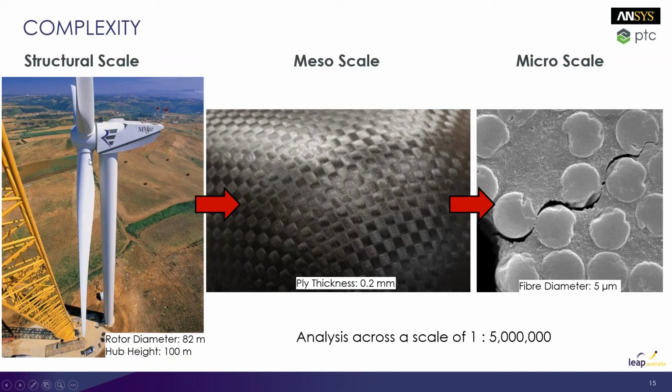We can create an entire aircraft or an entire boat, or in this case, a wind turbine out of composite materials. We're talking meters, tens of meters in length. But when we look at the actual response of the material, it's governed by things that are sub-millimeter sizing.